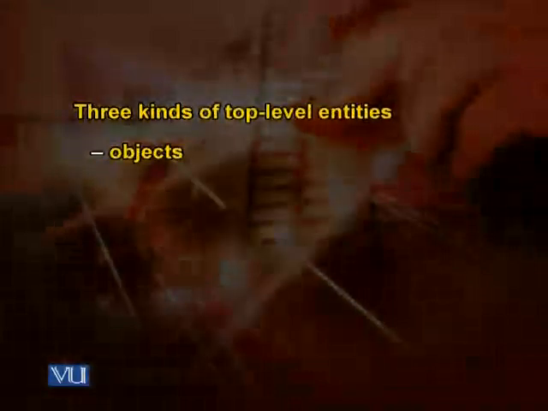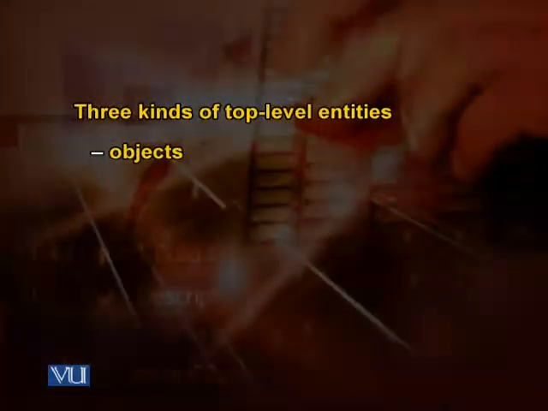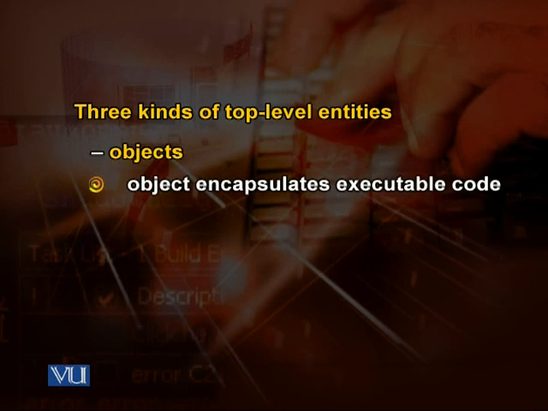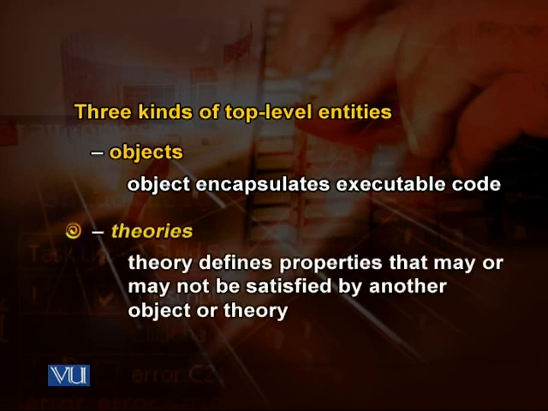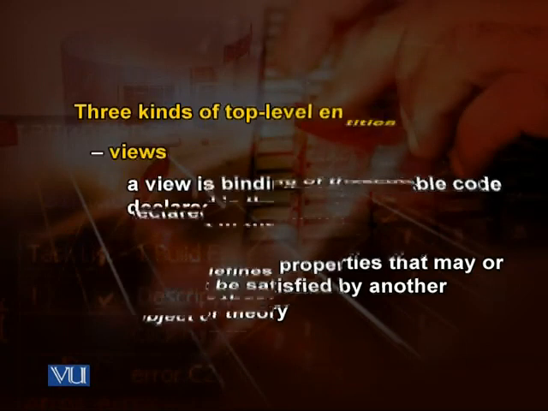Now, let's go back and look at some of the concepts in more detail. In OBJ specification languages, there are three kinds of top-level entities. These three kinds are objects, which can encapsulate executable code; theories, where a theory defines properties that may or may not be satisfied by another object or theory; and views.